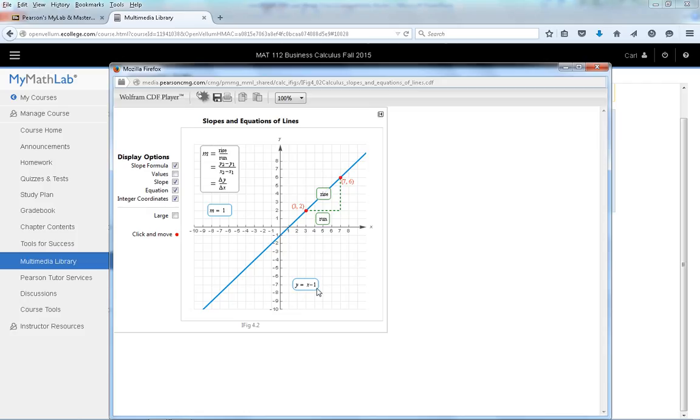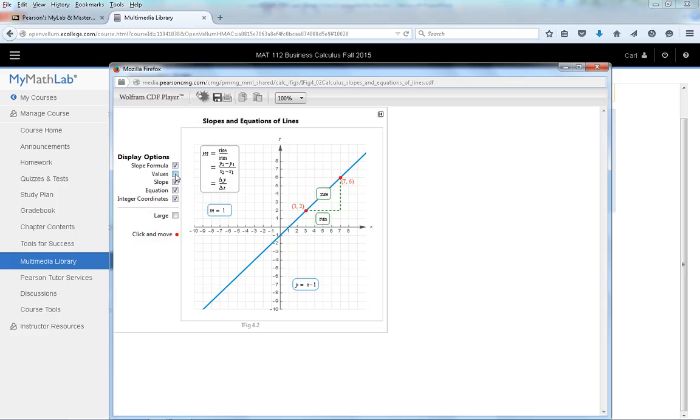So what the equation is telling you is that y equals the slope, which we call m, times x, and that says as you change this point along this line, what is going to happen to your y value, and then -1 is where the line is tied down on this axis.